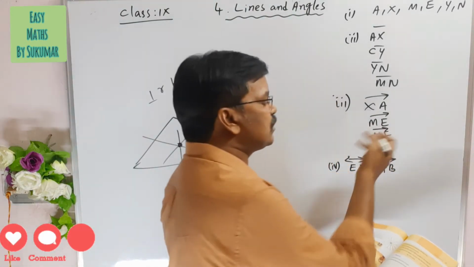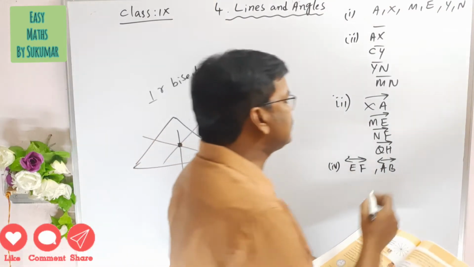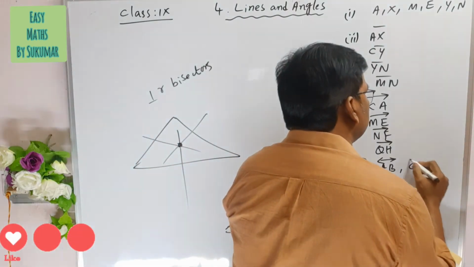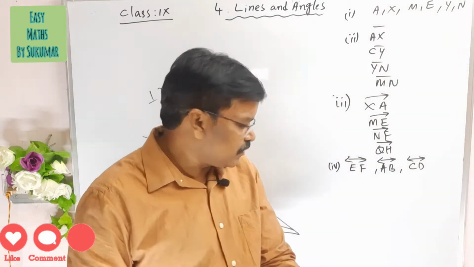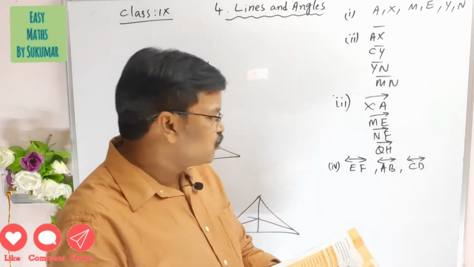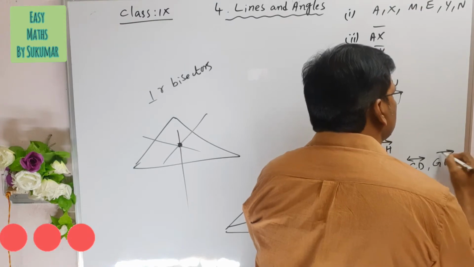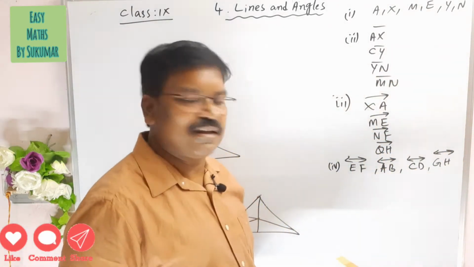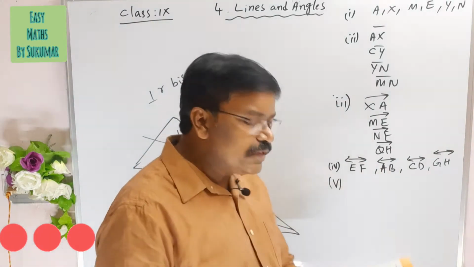Yeah, you have to represent it like this for a straight line. And CD is a straight line. We should write one more. GH. GH is a straight line.